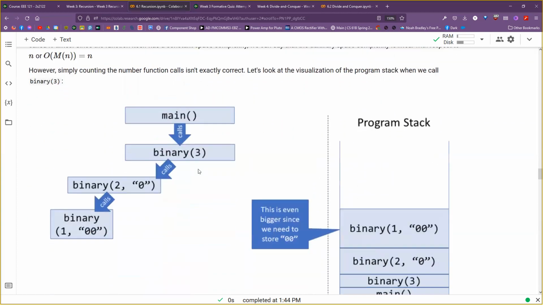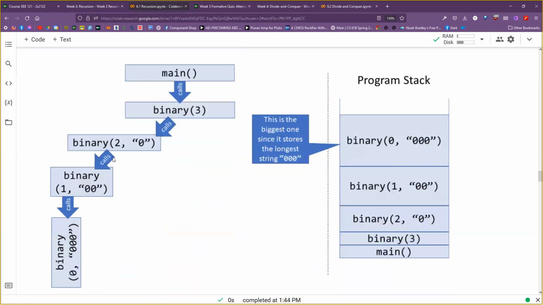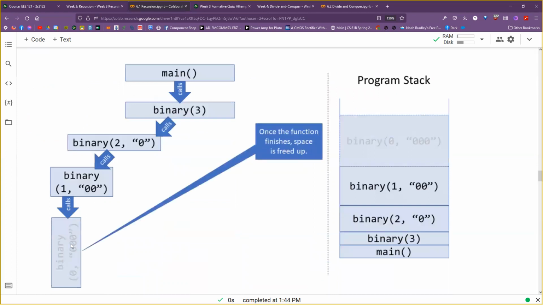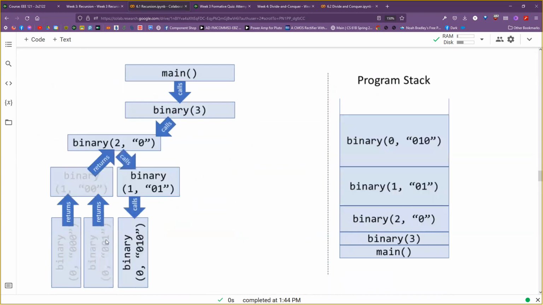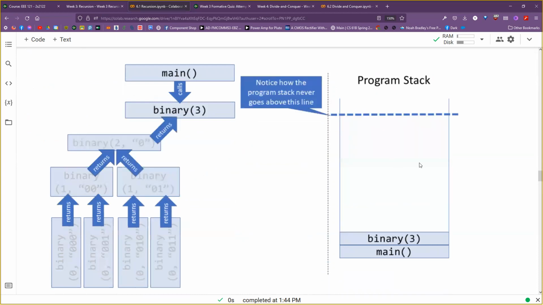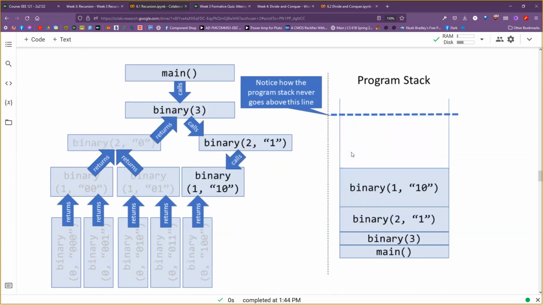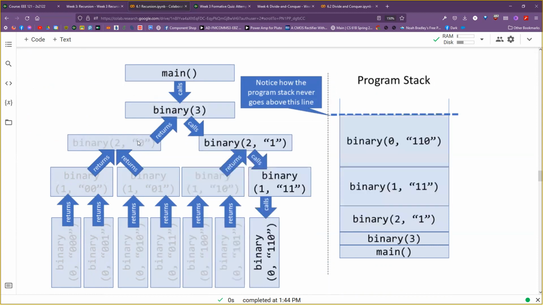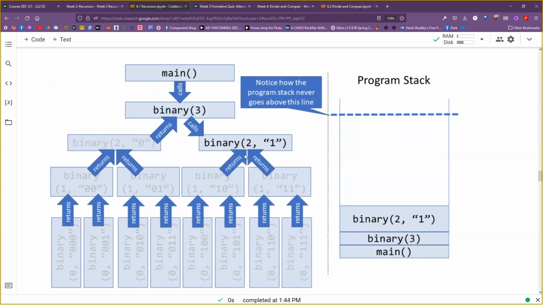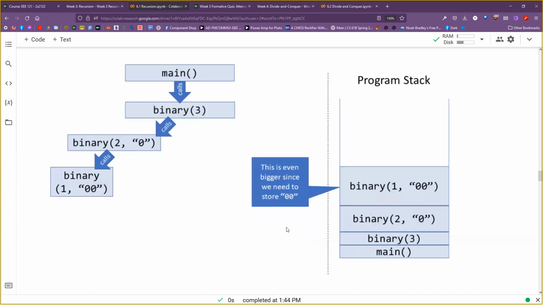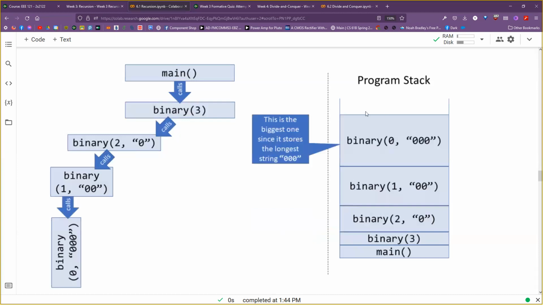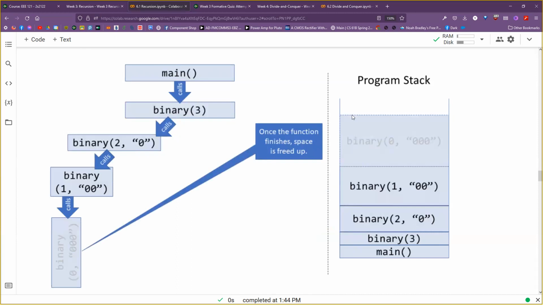Although, kung titignan natin, for example, dito kay binary, meron tayong store na string sa kanya. So lumalaki yung memory consumption niya after every call. And then, nagba-branch out tayo. Pero notice here na pag nakarating naman tayo sa dulo ng isang branch, hindi na lumalampas pa yung memory natin dun sa line na yon.